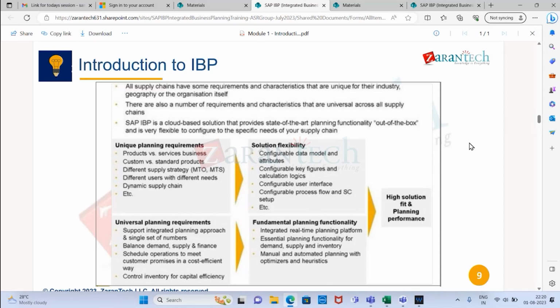So for this process, SAP IBP provides fundamental planning functionality, which is a real-time planning platform. And as we get into the system, you will understand how the different solutions are provided within the IBP system for different sets of issues, or for different sets of numbers, based on the behavior of the forecast.